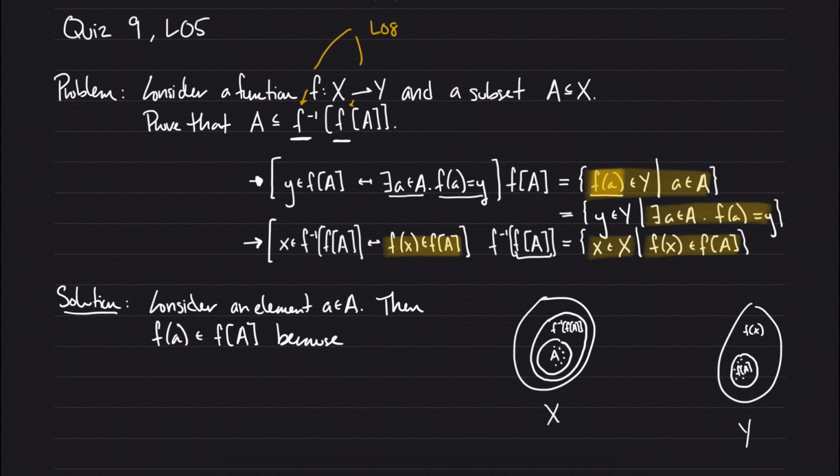But of course, we're looking at f of a. So of course there exists an a in A such that, or let's say there exists a b in A such that f of b equals f of a. We just take b to be our a.